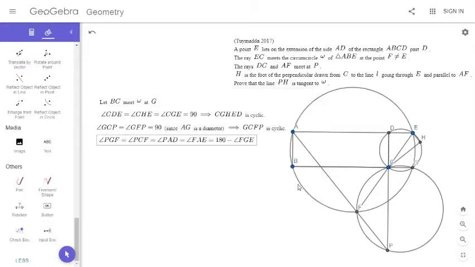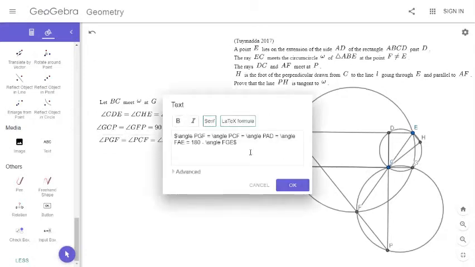So PGF is PCF, which is the same as, no, we don't know PCF is PAD. Yeah, I think I'm missing something here. I have to use the parallelism. That's what I keep forgetting. Okay, so once I use the parallelism, I think I should be good.